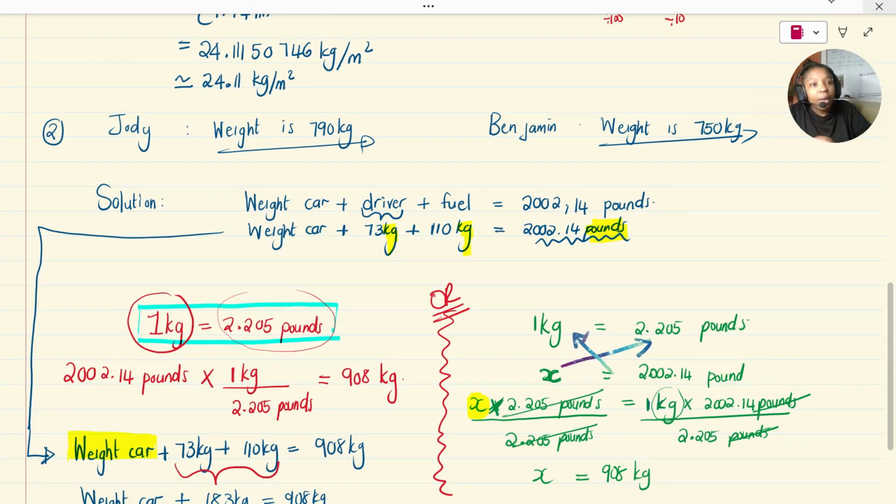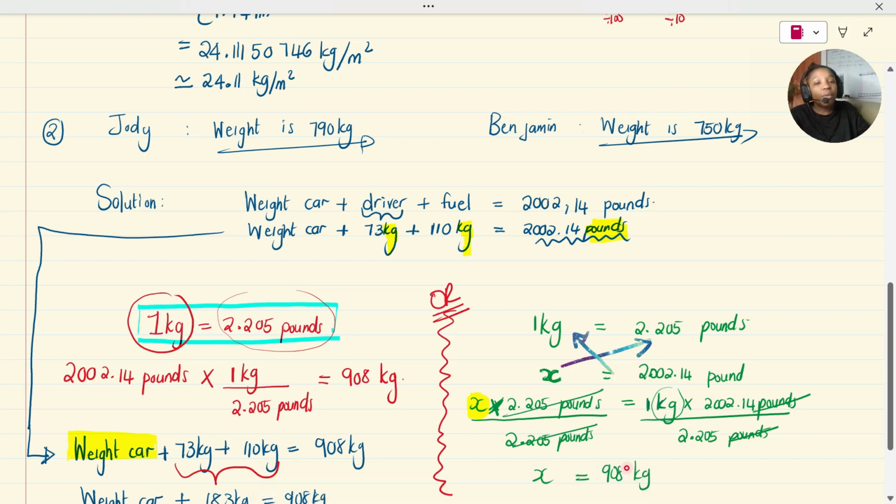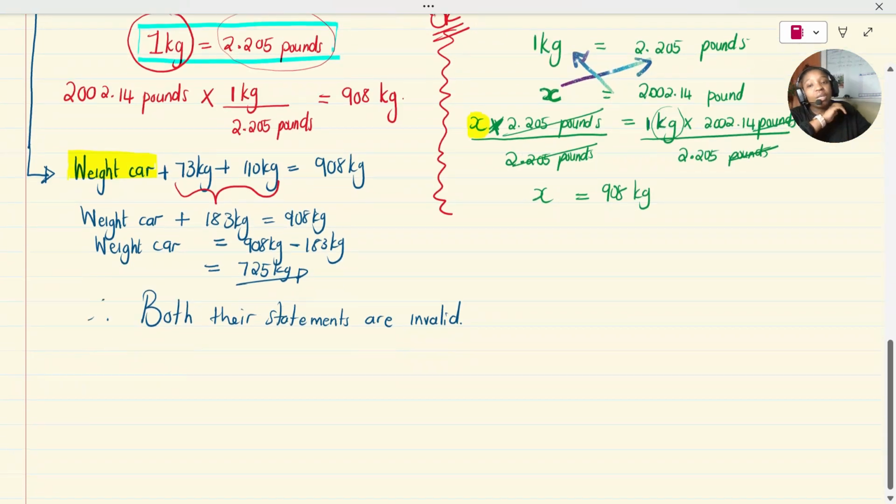Because remember, we were given the weight of the driver, 73 kgs. We're given the weight of the fuel, it's 110 kilograms, and we know the total weight of the car plus the driver plus the fuel in pounds. So we just needed to convert that weight from pounds to kilograms, and then we got it to be 908 kilograms.